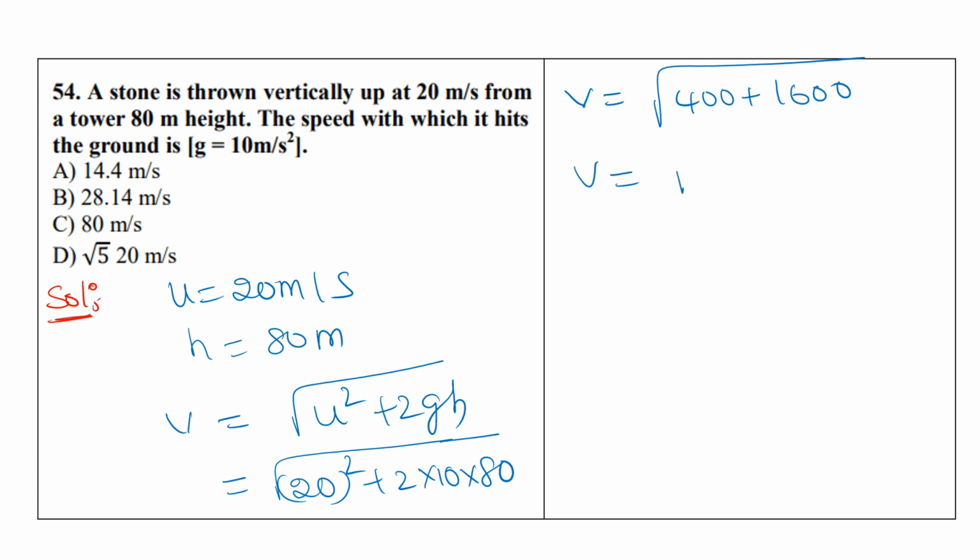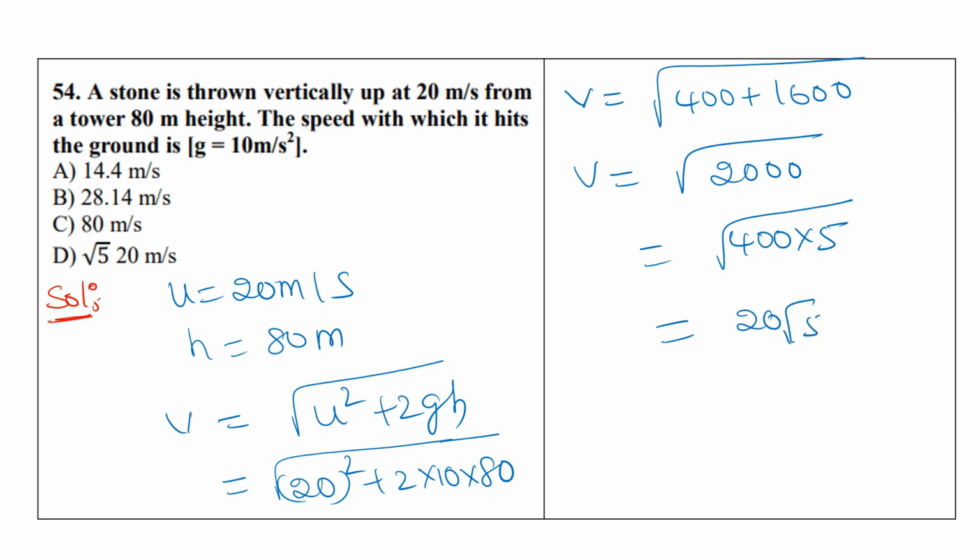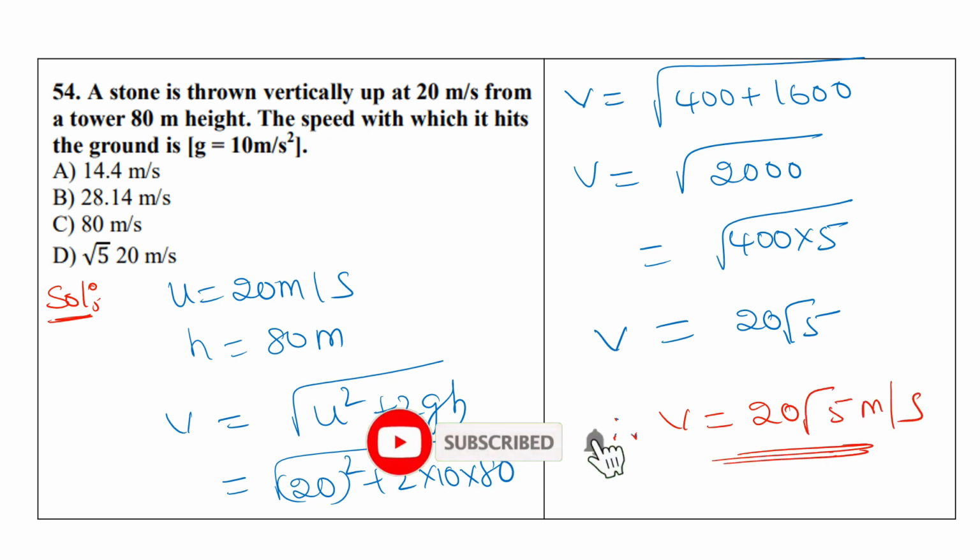So v is equal to root of 2000. Root of 2000 is root of 400 into 5, root 400 is 20, so 20 root 5 meters per second. Therefore the speed with which it hits the ground, v, is equal to 20 root 5 meters per second. Okay, next we will go to the next.